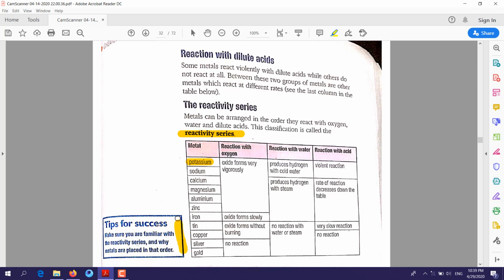As you go to the top, the reactivity increases. Potassium is the most reactive one and gold is the least reactive one. When potassium reacts with oxygen, oxides form very vigorously. But if you come to silver and gold, you will see they do not react with oxygen. So this is what they mean by reactivity series.